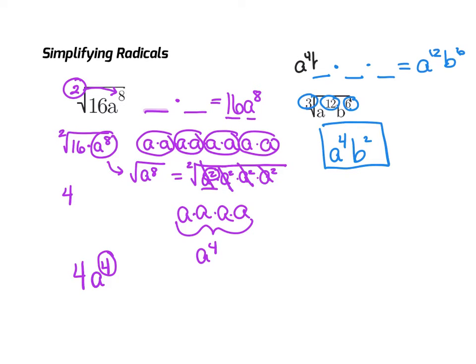A to the 4th b squared times a to the 4th b squared times another a to the 4th b squared. I end up with 4 a's, 8 a's, 12 a's, all being multiplied together. 2 b's times another 2 b's times another 2 b's: 2, 4, 6, that gives me 6 b's that are multiplied. So I know my answer is correct.